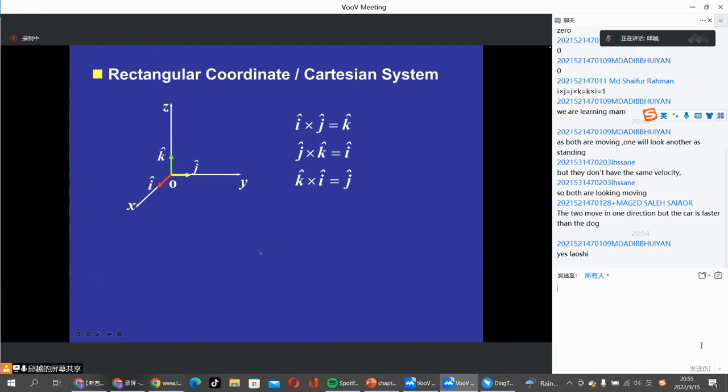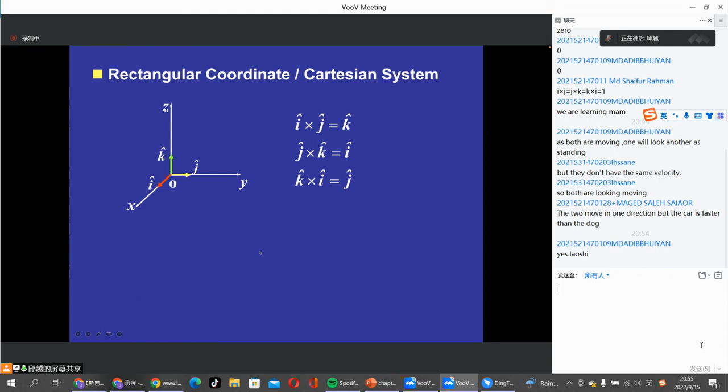And from previous vector multiplying methods, we can know i cross j equals k, right? We can use the right hand rule to determine whether it's right.